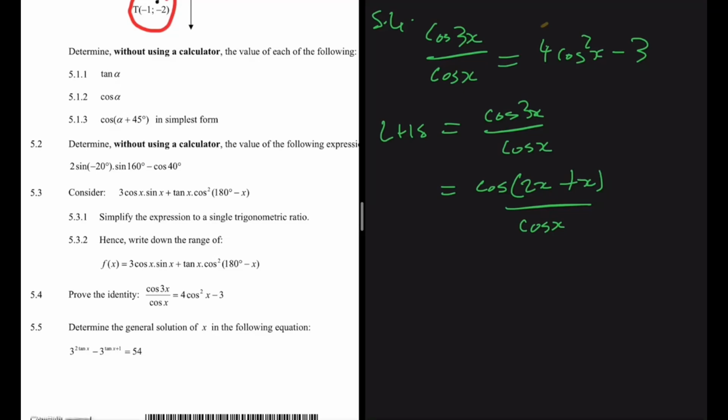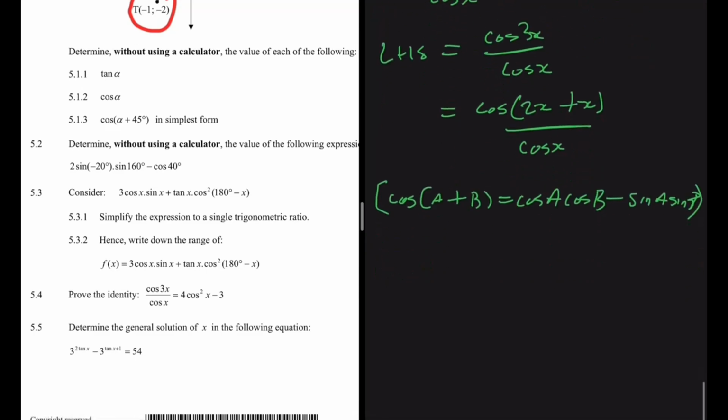We've already established what cos of a plus b is equals to. So we'll just go ahead and substitute it. But let me just write it down for the faint-hearted ones. So we're basically saying cos of a plus b, right, is equals to cos of a cos of b minus sine of a sine of b, right? It's on the back of the question paper when you're writing your exam, right?